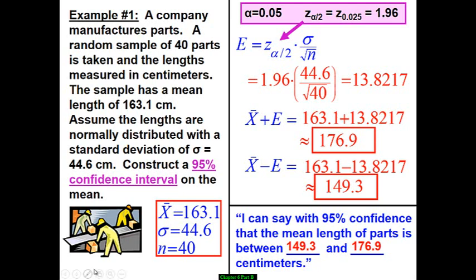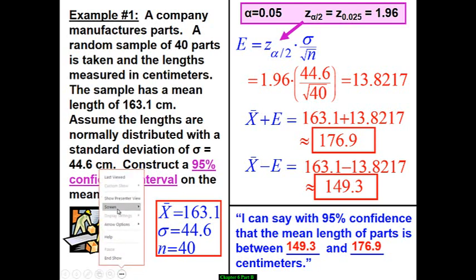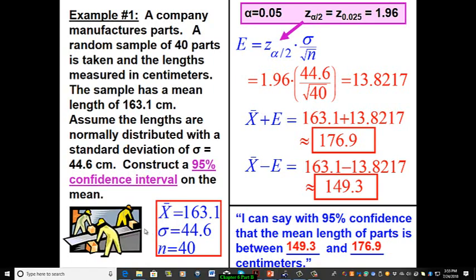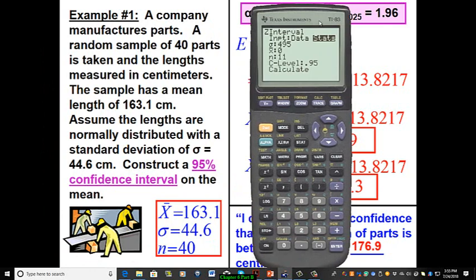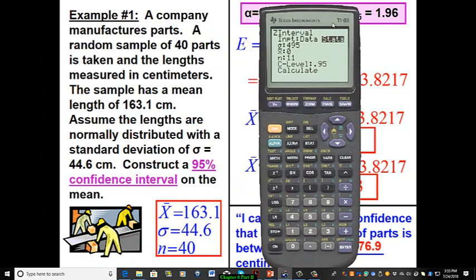The other way of doing this is by using the calculator. What you're going to do is go to Stat, go to Tests, and go to Z-Interval. Why Z-Interval? Because you have a population standard deviation. Now you put in your numbers.